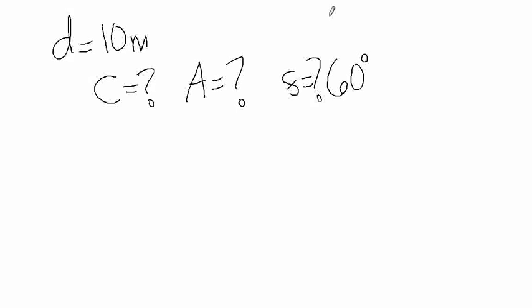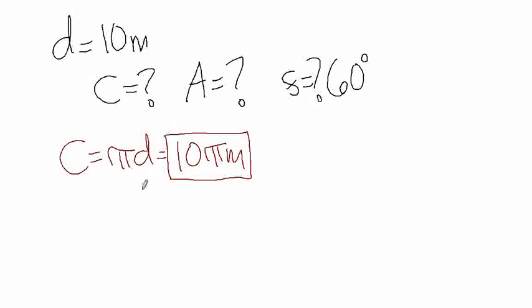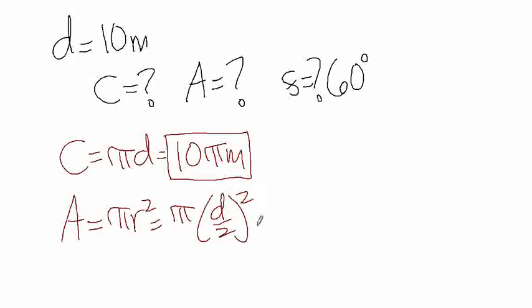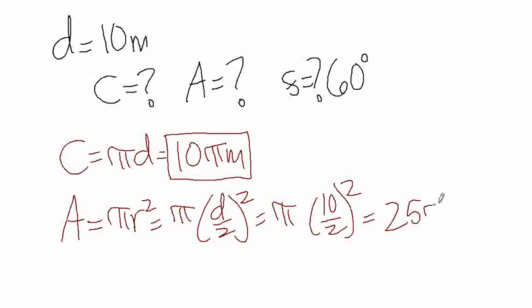Okay, so I'll go ahead and work it out myself. The circumference can be calculated by finding pi d. So 10 pi meters takes care of that one. And the area is pi r squared, or pi times d over 2 squared, which gives pi times 10 over 2 squared, 5 squared, that's 25 times pi, 25 pi meters squared.